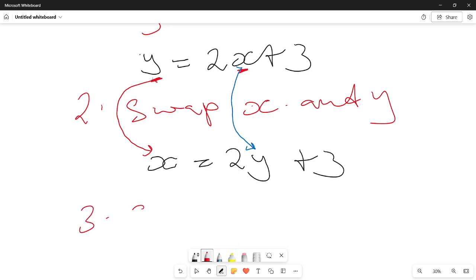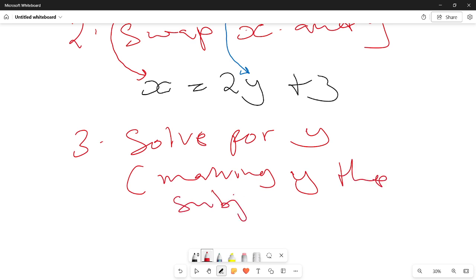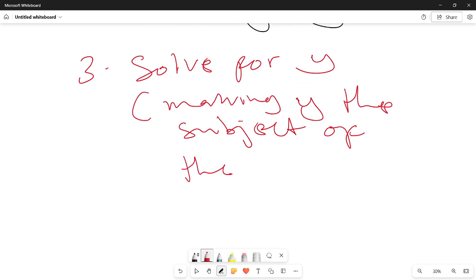Step 3 is solve for y. So in this case, we are basically making y the subject of the formula.